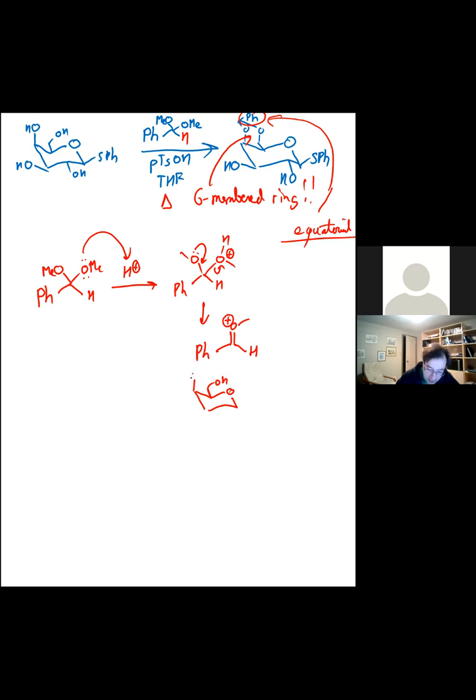Let's react the C6 first. It's most likely to react first because, again, it's the least hindered of all the alcohols. And so all else being equal, the least hindered is going to react first. Basic kinetics.